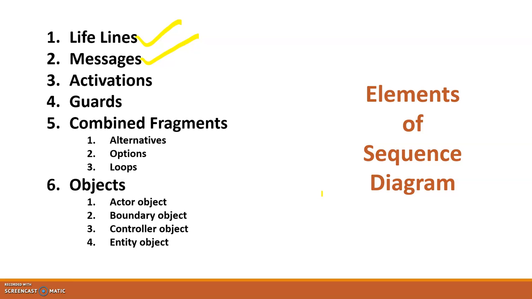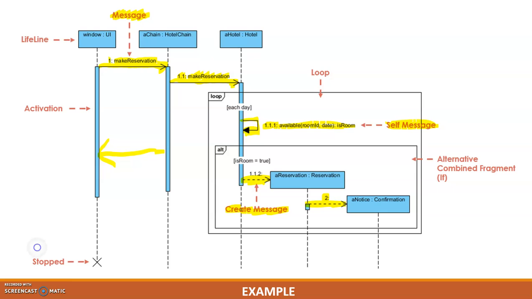Okay, next we have the activation. What is the meaning of activation? We can see that this object, this Windows UI object, is there in the system till this point, right? But it is not always necessary that this object remains active all the time throughout the process.